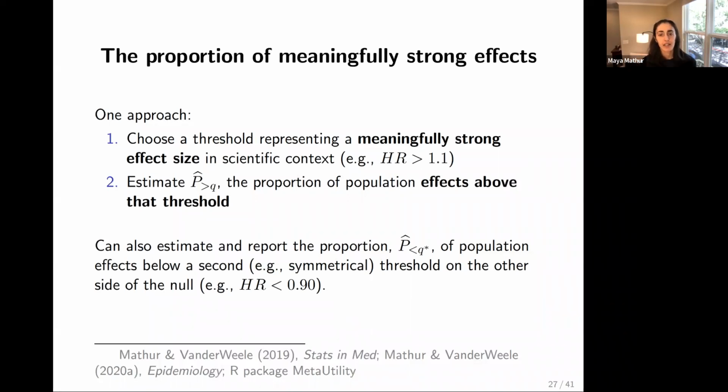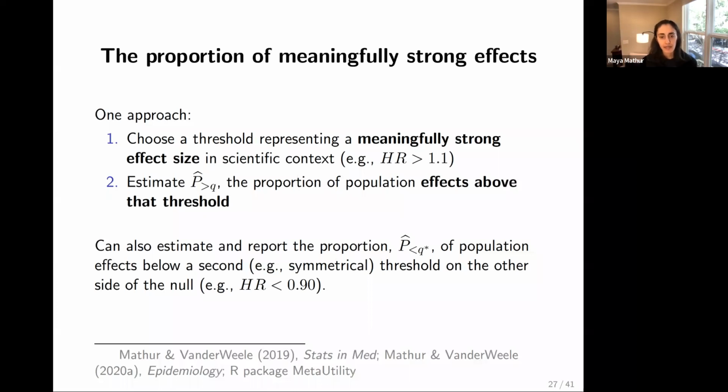The idea is to choose, in the scientific context, a threshold that represents what we might consider a meaningfully strong effect size. For example, in the context of potentially detrimental effects of being overweight on mortality, maybe we would say that if the hazard ratio isn't stronger than 1.1, that's too weak for us to really care about.